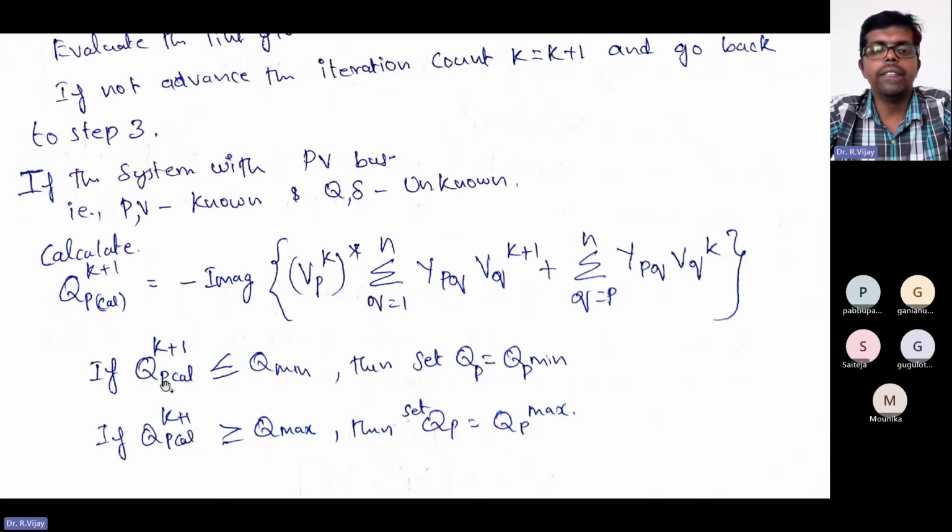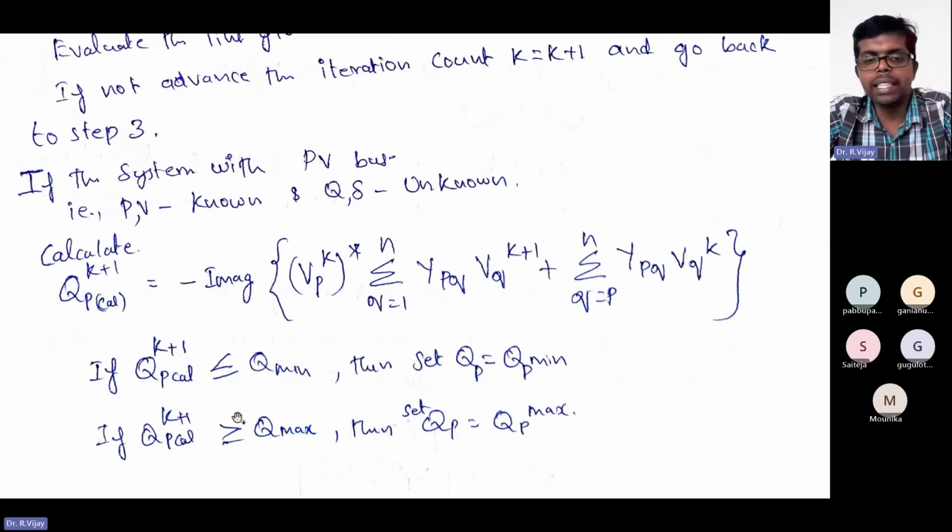Okay, next step. If QP calculated K plus 1 is less than or equal to Q minimum, then set QP equal to QP minimum. Okay, the same thing we did in our economic load dispatch problem. If you go back to my previous videos, in the economic load dispatch problem also it is the same. If the limit is not satisfied, if the value is less than the limit, we set the power generation to its respective limit.